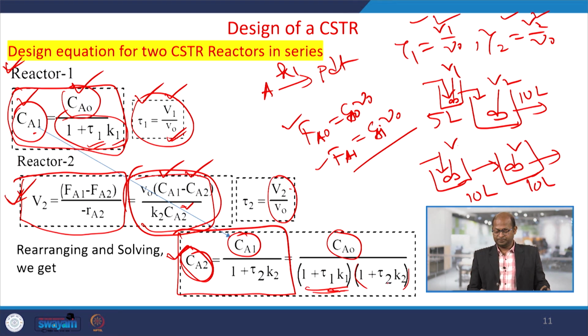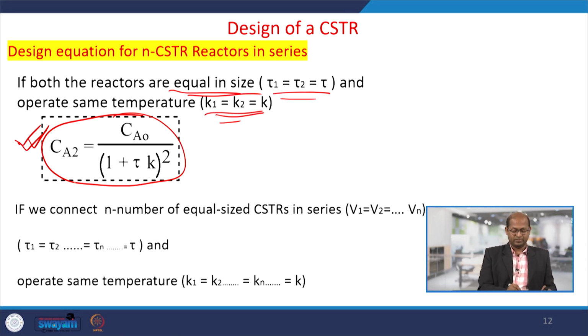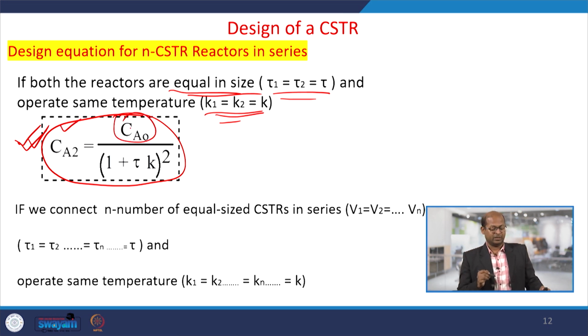Here if V1 equals V2, then tau 1 equals tau 2, and for the same reaction K1 equals K2 equals small k. So this equation simplifies, and the final concentration is given in terms of the initial concentration, the feed concentration of component A. This way you can write it.